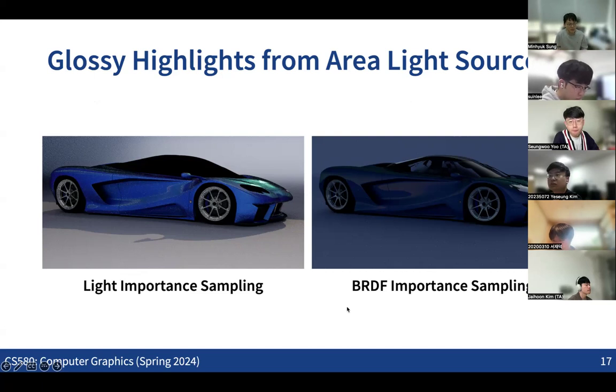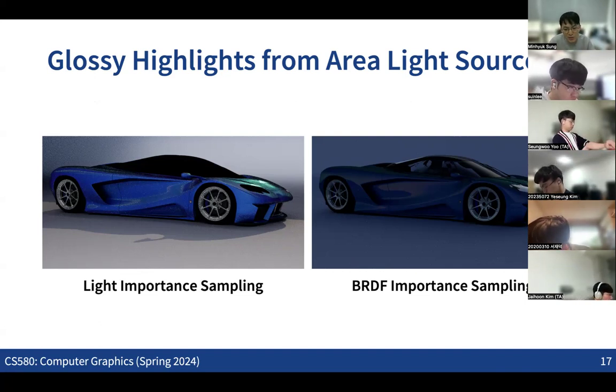Overall, the image is brighter, but it does not precisely capture the glossy reflection effect over the surface of the car. On the right-hand side, the metallic property of the car surface is better captured with BRDF importance sampling, while the image is darker than the left one because it is not sampling from the light source. So these are the differences depending on which sampling strategy you choose. Makes sense.